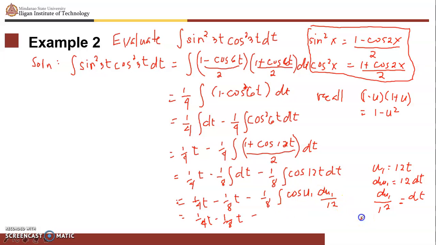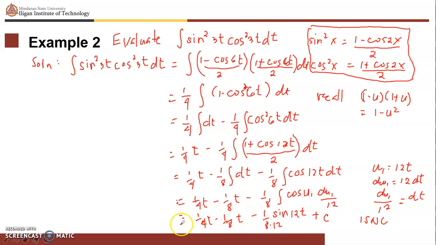What is the integral of sine? It's supposed to be negative cosine. So the integral of cosine is positive sine. Because there is a minus there, you have 1 over 8 times 12. Let's take out the constant. So cosine is positive sine, so you have sine of 12t, plus c. Now, what would be the final answer?